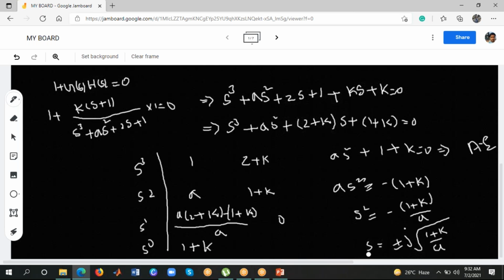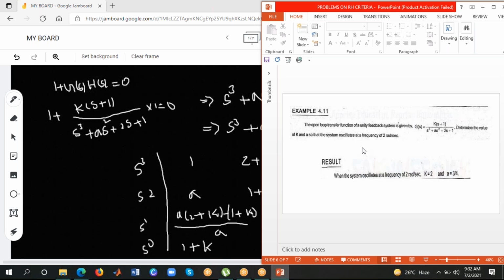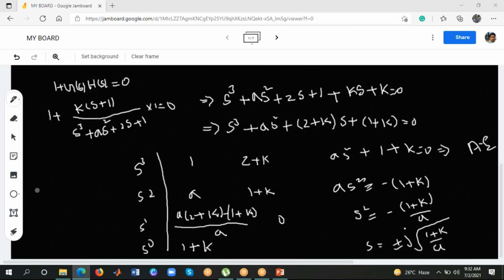Okay, మనకు ప్రాబ్లం లో ఎంత ఇచ్చారు frequency of oscillation? The frequency of oscillation is 2 radians per second. So here omega is equals to, so that is S is equals to plus or minus j omega.